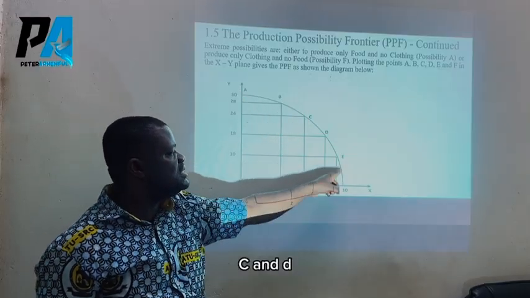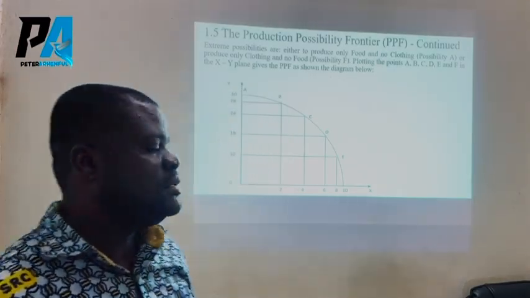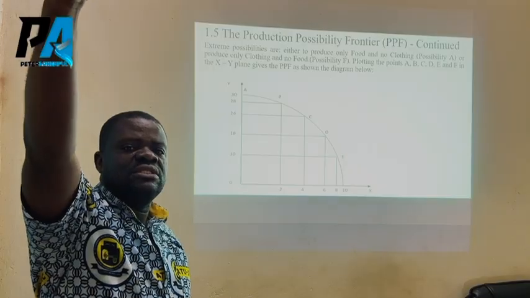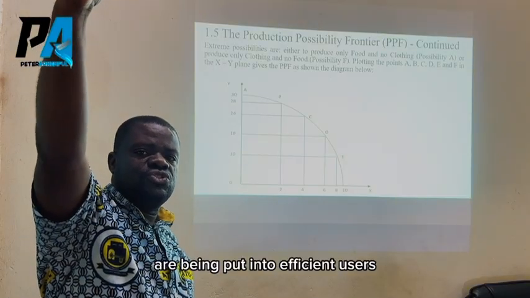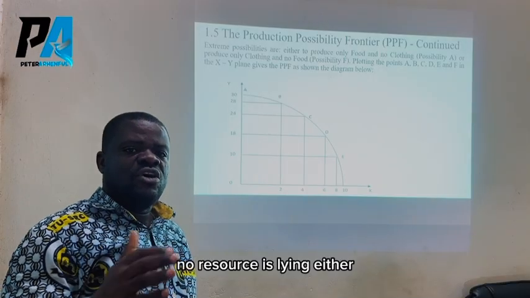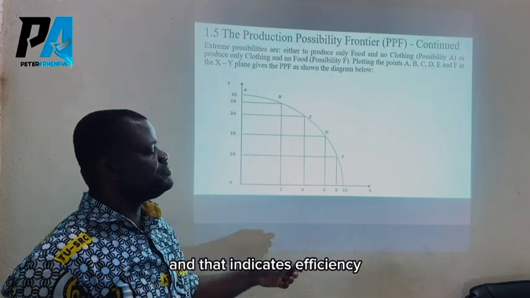Now, what we have to know is that all the points on the PPF, points A, B, C, and D, are called points of efficiency. Points of efficiency, meaning that the resources are being put into efficient uses. No resource is lying idle, and that indicates efficiency.